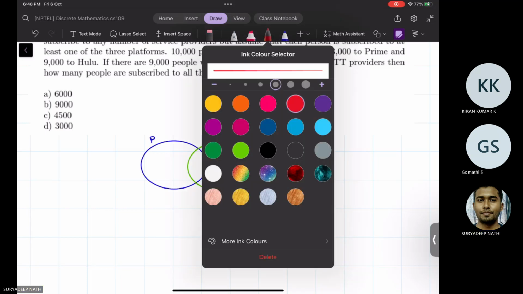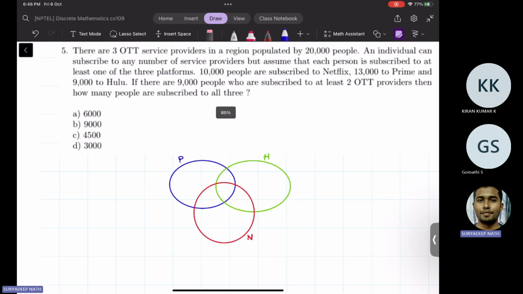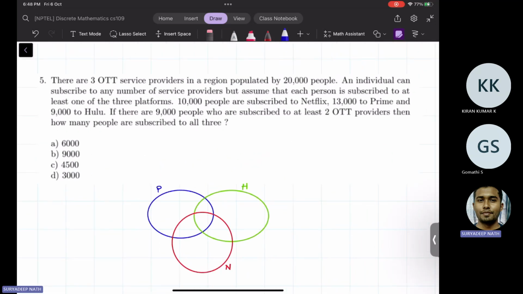And let's say this is Netflix. Now what we have to find is how many people are subscribed to all three. So basically this region. Let us call this X. That is here, the dotted region.